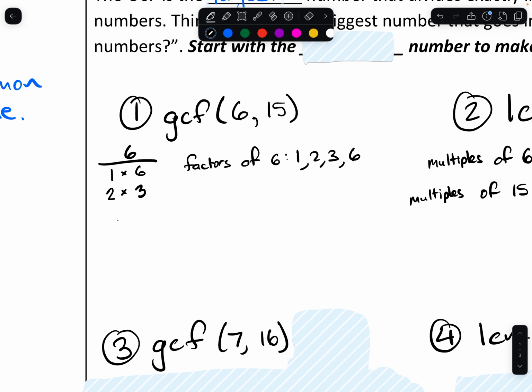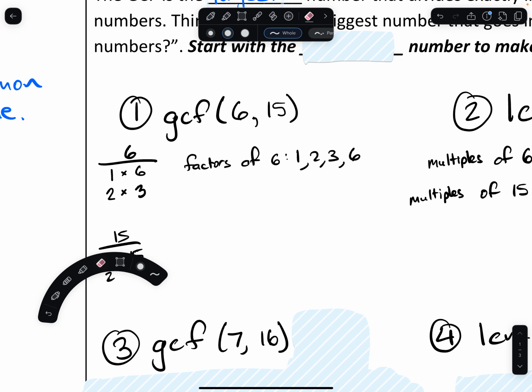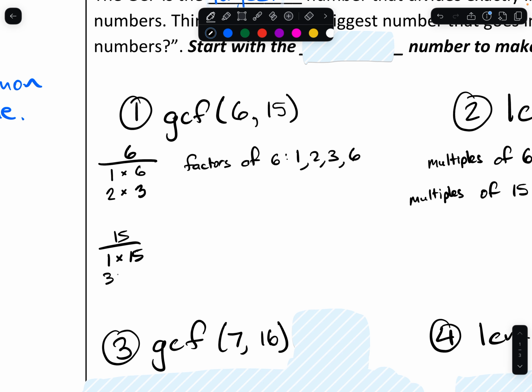Let's do the same thing with 15. Again, 1 is always going to be a factor no matter what number you're working with. 1 times 15 will give us 15. Then check 2. Oh wait, 2 doesn't go into 15. 15's an odd number, so you can erase it or cross it out. I'm going to erase it this time. How about 3? 3 is a factor of 15.